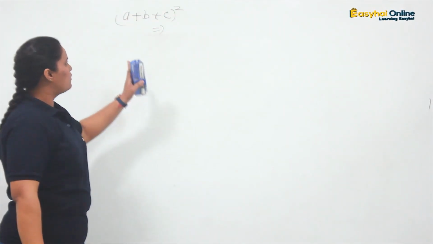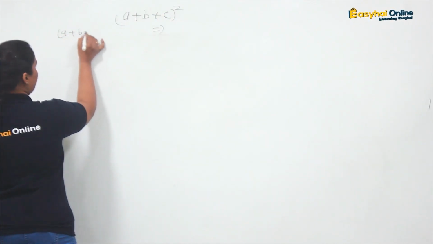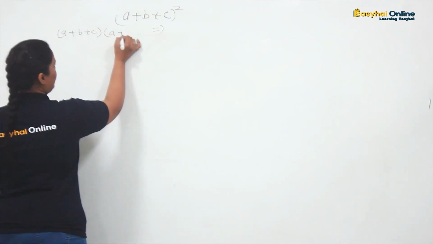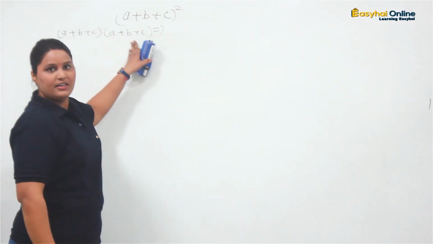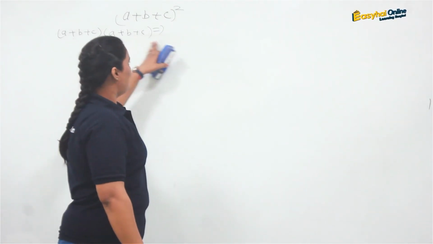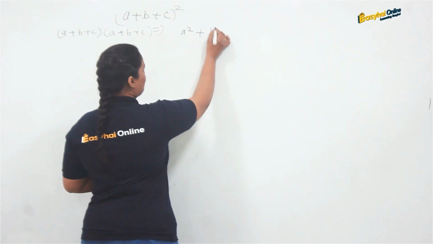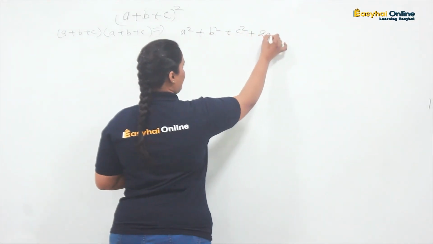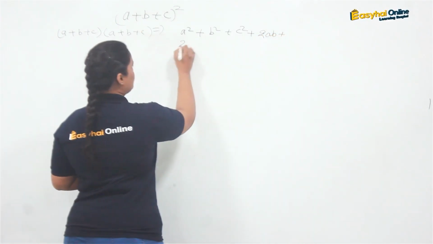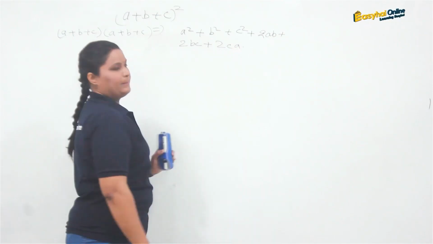It is like (a plus b plus c) and (a plus b plus c). One by one, when we multiply these terms, it will be equal to a square plus b square plus c square plus 2ab plus 2bc plus 2ca.